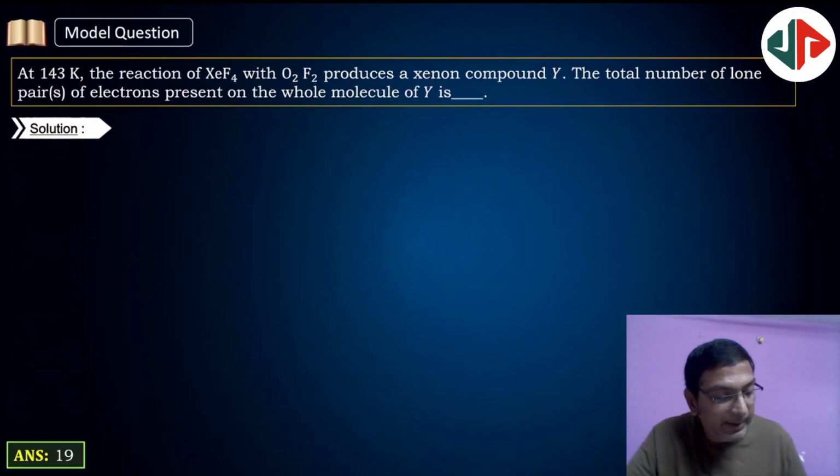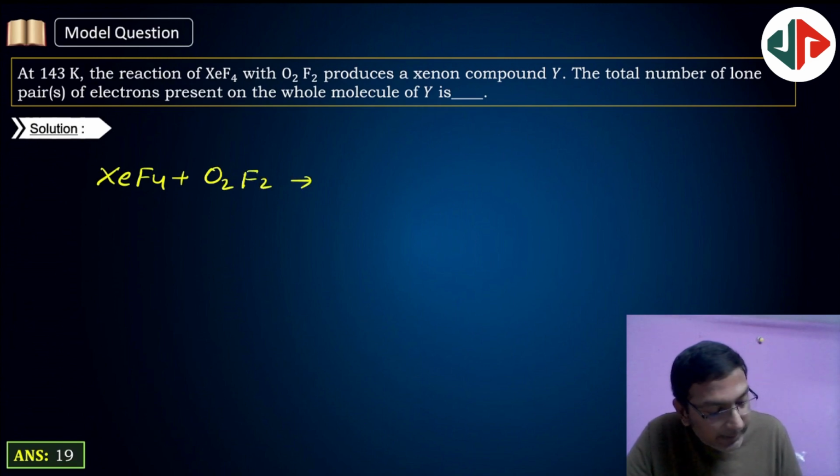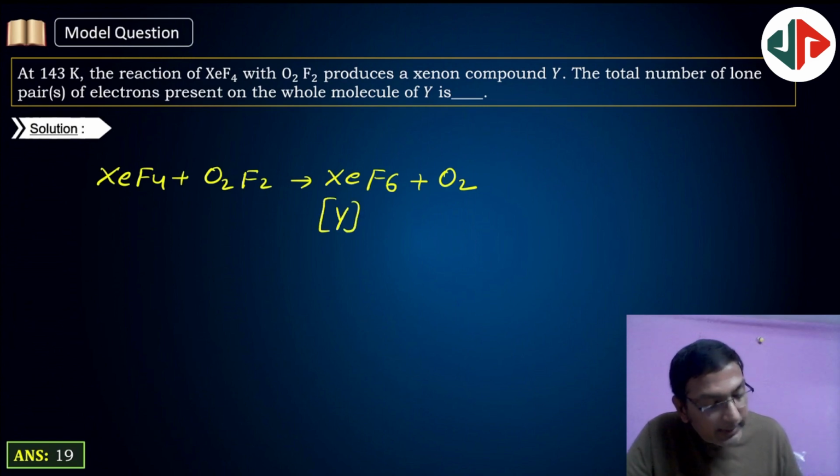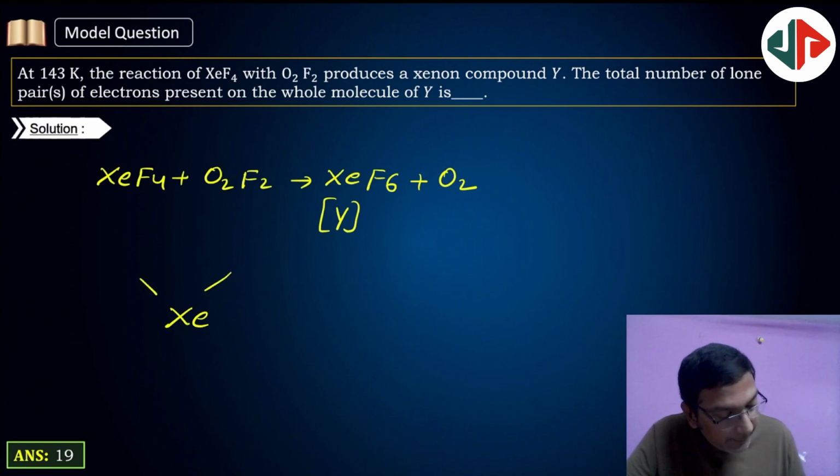So at 143 Kelvin, the reaction of XeF4 plus O2F2 gives XeF6 plus O2, produced a compound Y. So this is Y. The total number of lone pairs of electrons present on the whole molecule of Y. We'll write the structure: Xe.